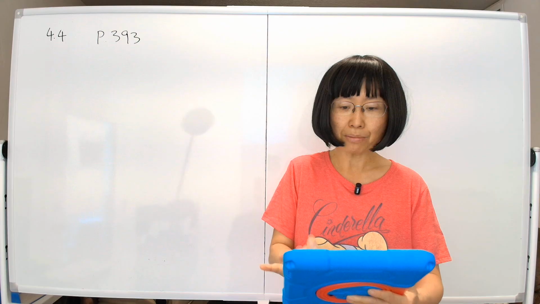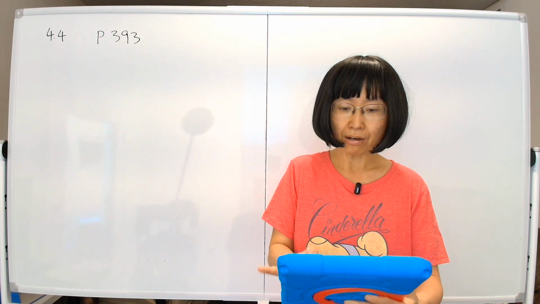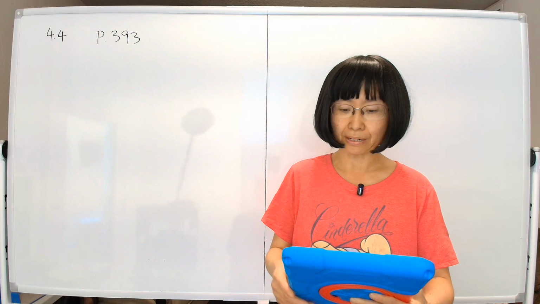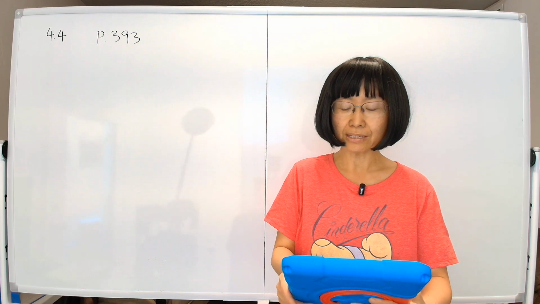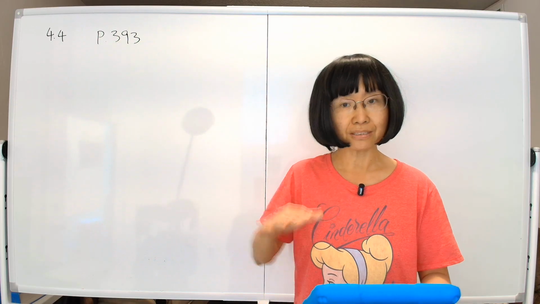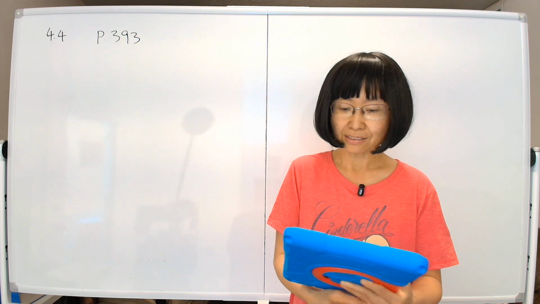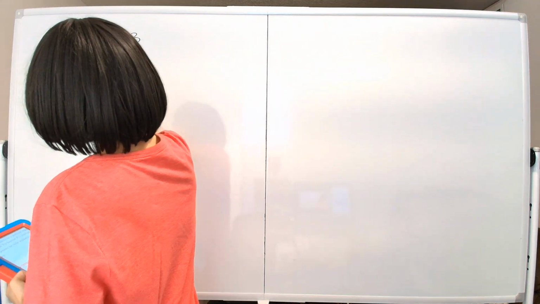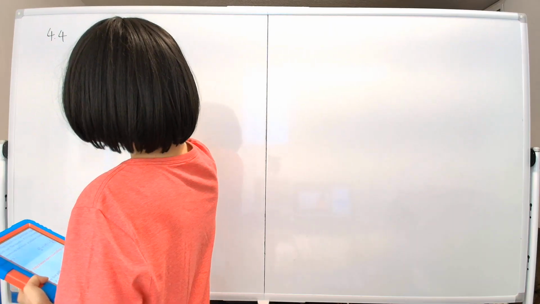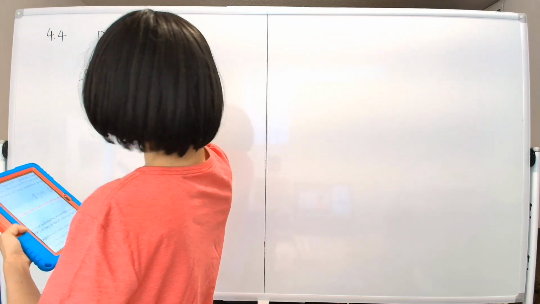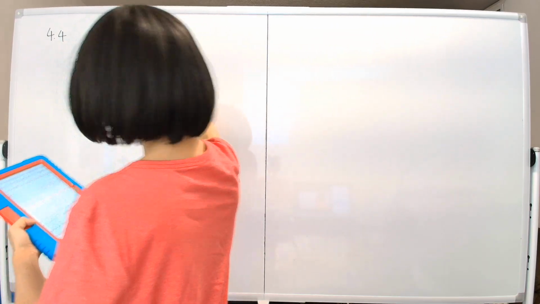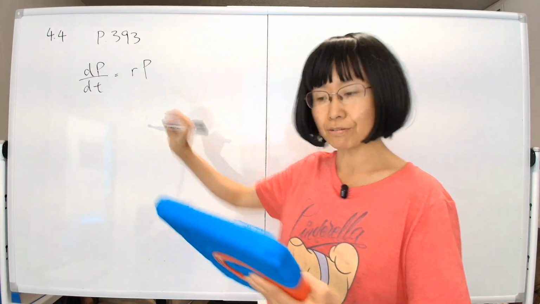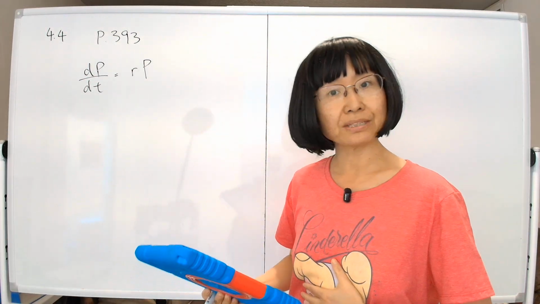So we are going to come up with a different way of representing population, and it looks like the previous one with some conditions attached. The new formula is the derivative of the population with respect to time equals the rate of growth, which is the original formula from which we derived the exponential growth.